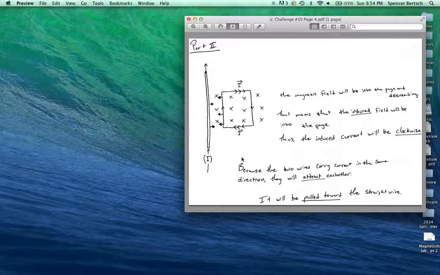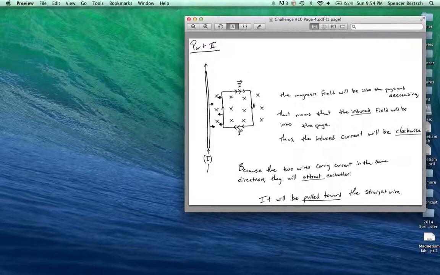So the induced field will be into the page, to counteract the change. The induced current, using the right-hand rule again, will be clockwise.